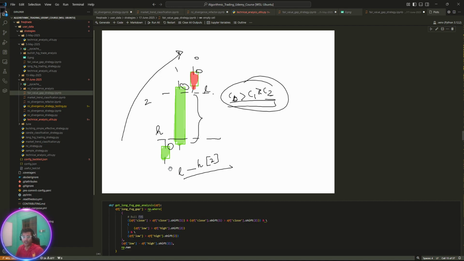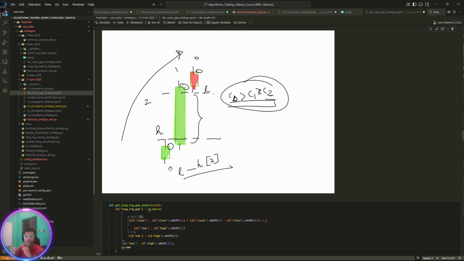That's the fundamental premise in getting into the algorithmic trading world: you have to know the candle first, what type of candle it is, and that's why we have candlestick patterns.